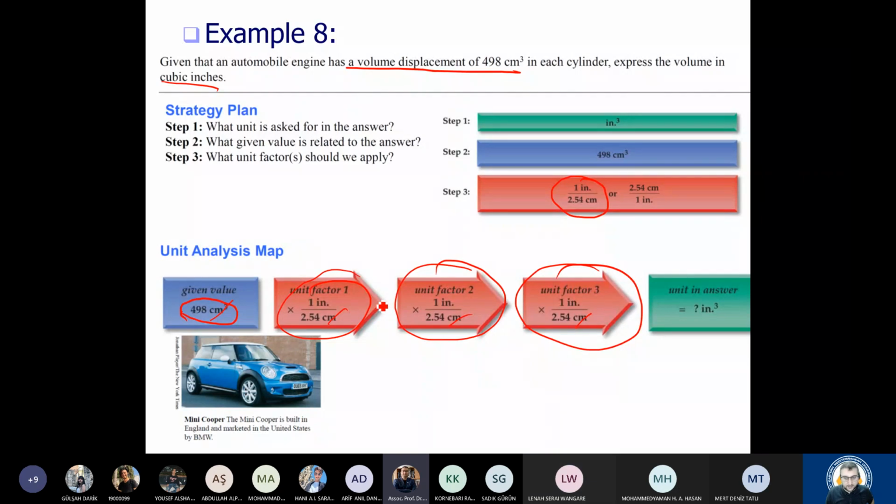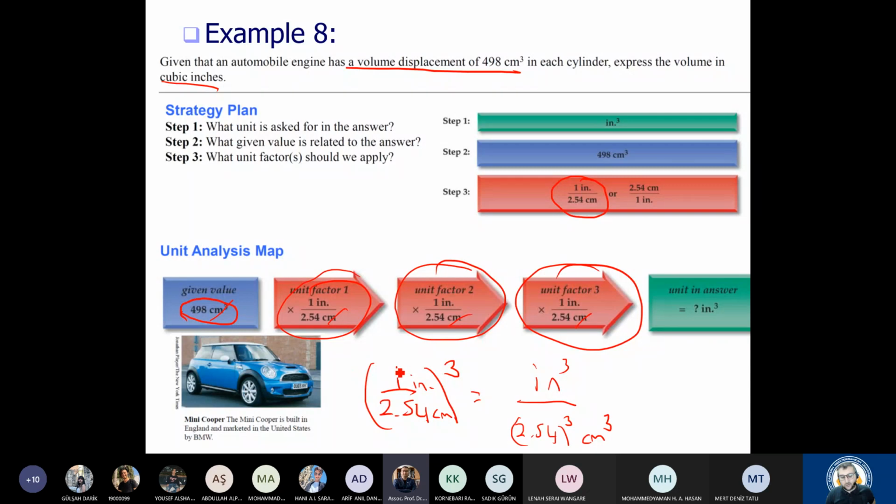Excuse me, can we write the 1 inch over 2.54 centimeters in brackets and just put a cubed up there? Yes, you can do it. For example, 1 over 2.54, with centimeter and inch, and take cube, and this is equal to inch cube over 2.54 cube centimeter cube.